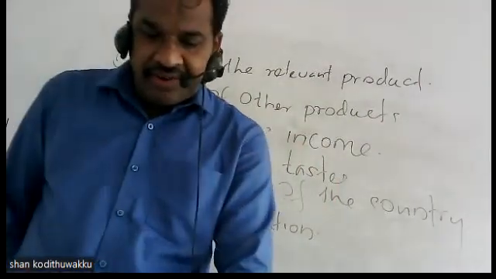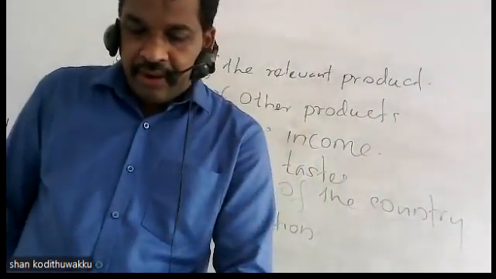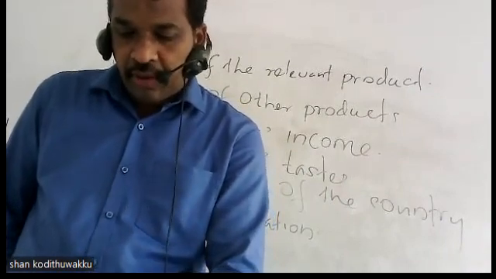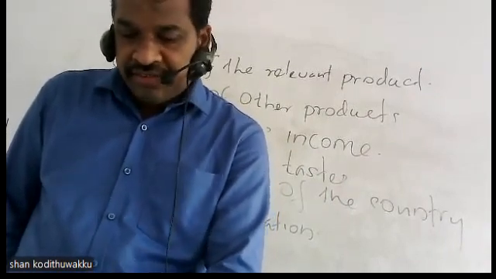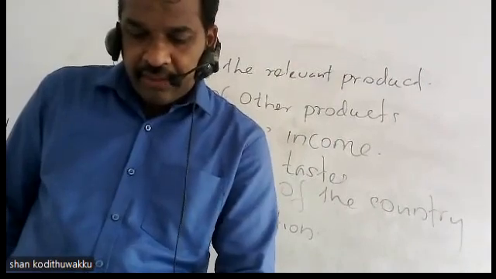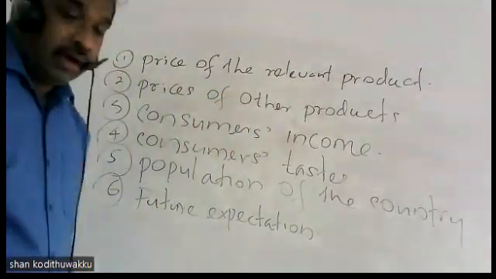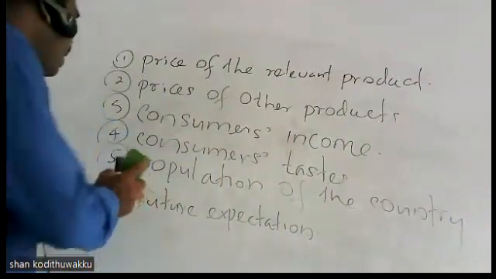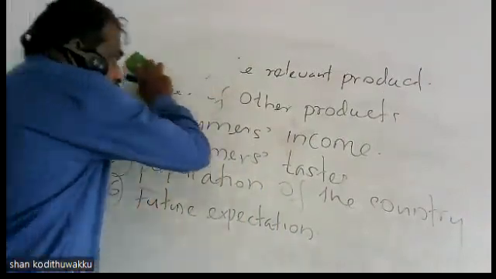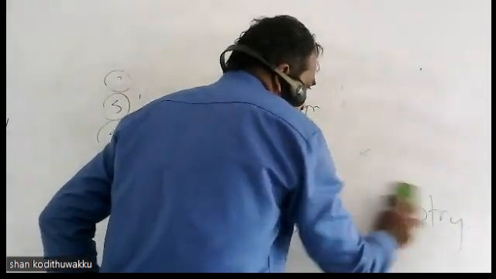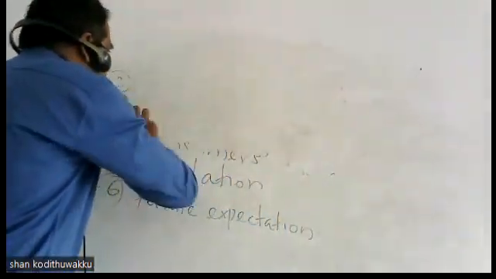But here, the question: explain why a reduction, decrease, in the price of a normal good does not increase the demand for the good. Here, change in quantity demanded and change in demand are 2 different concepts.